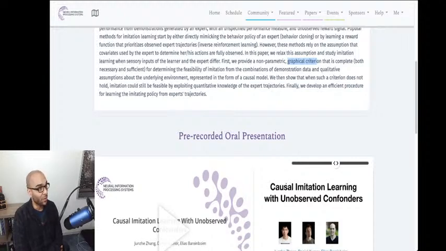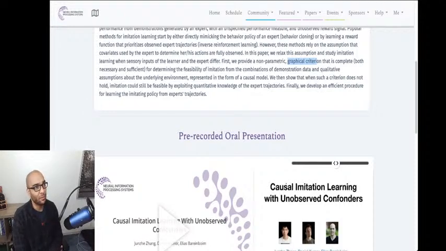And if it does not work, then we have some kind of remedy. That remedy is that imitation could still be feasible by exploiting quantitative knowledge of the expert trajectories. I guess we'll have to figure out what quantitative knowledge means here.